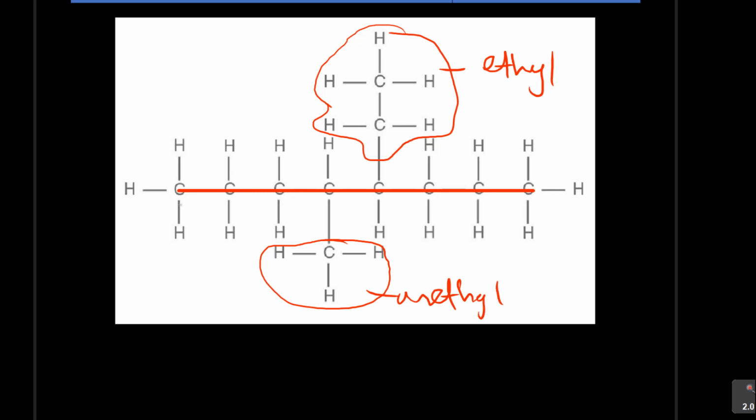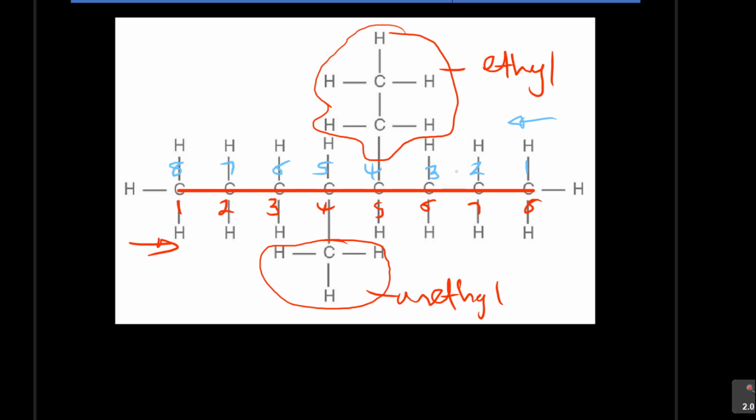Now let's start numbering from left to right. It's 1, 2, 3, 4, 5, 6, 7, 8. This is the direction. Now let's number the other direction. It's 1, 2, 3, 4, 5, 6, 7, 8.